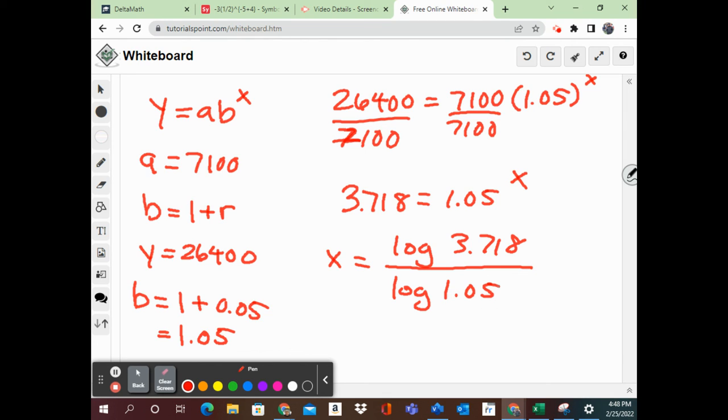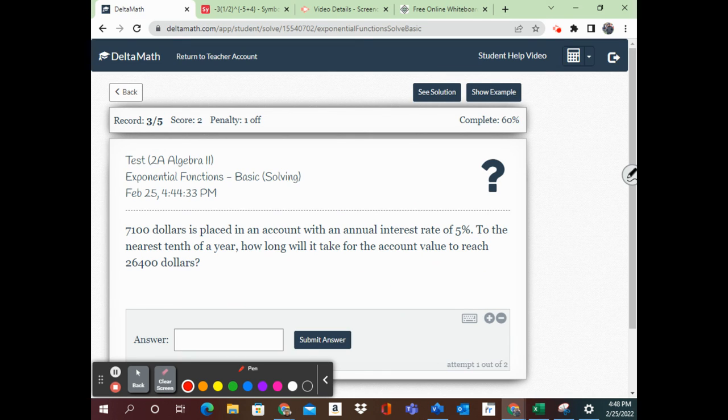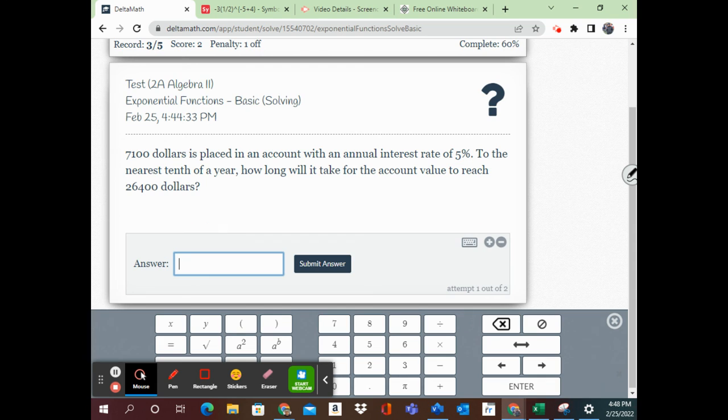So after putting that in the calculator, log of 3.718 divided by the log of 1.05, that is going to give us a value of 26.9. So we go back to Delta Math and see what they want us to do. They want us to round it to the nearest tenth of a year. So we have 26.91, which means we're going to have 26.9 years, right?